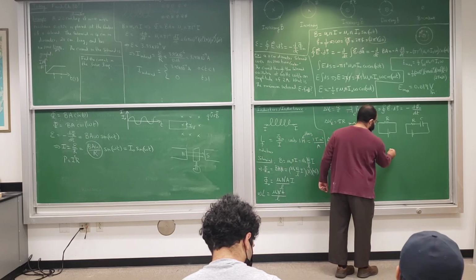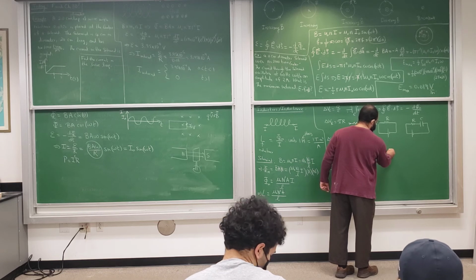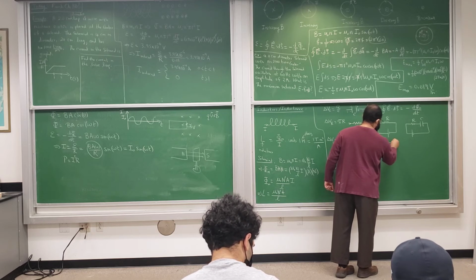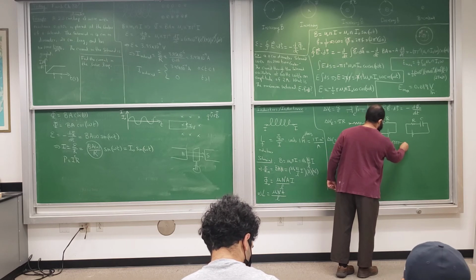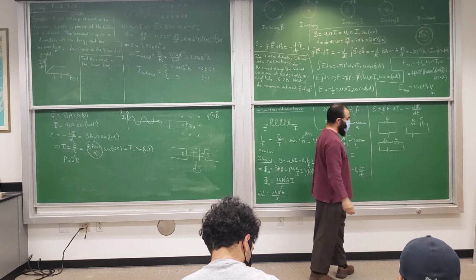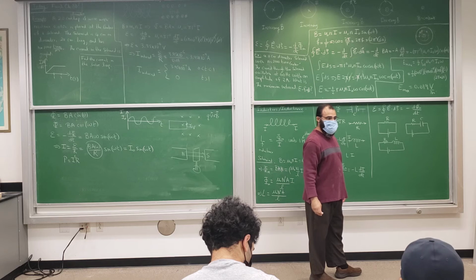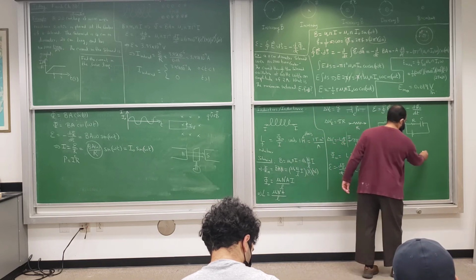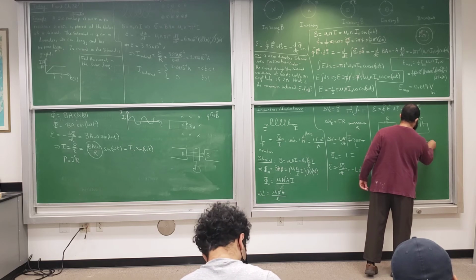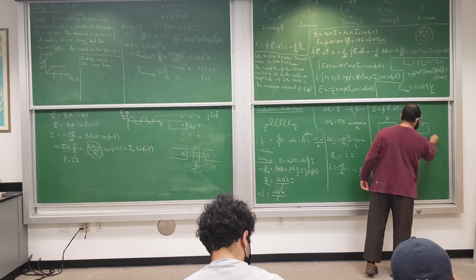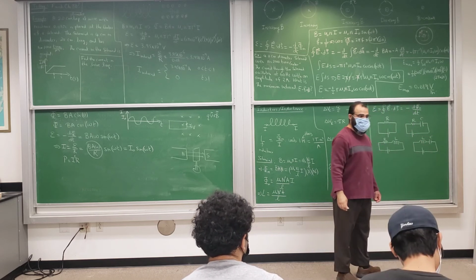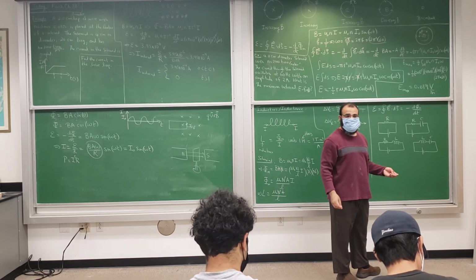Let's say I have a voltage source, a resistor, and an inductor. This would be an RL circuit or LR circuit. You can have an inductor and a capacitor, a capacitor and an inductor by themselves, or an inductor and a resistor by themselves.